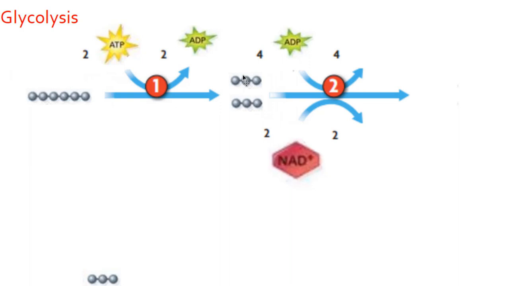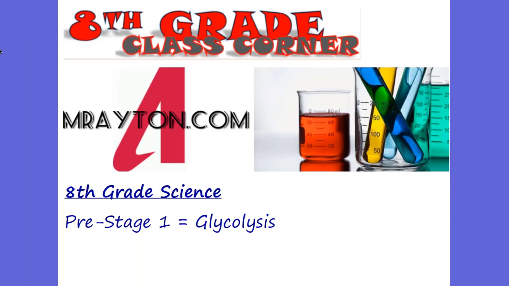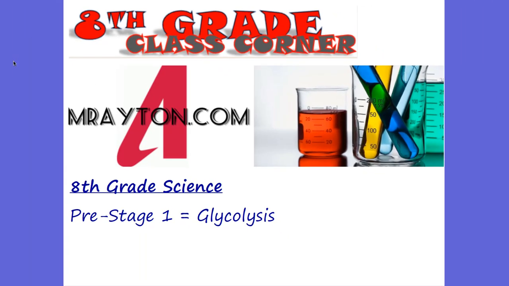And these two 3-carbon molecules rearrange themselves to make what's called pyruvic acid. 2 molecules of pyruvate, or pyruvic acid, and we make 4 molecules of ATP and 2 molecules of NADH. That is glycolysis. Glycolysis, pre-stage 1.